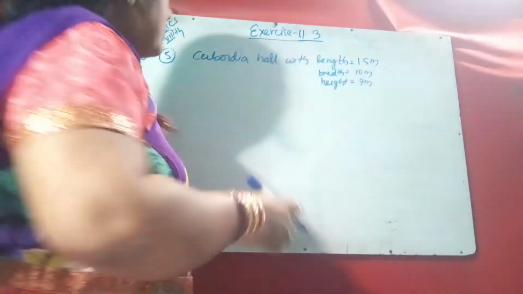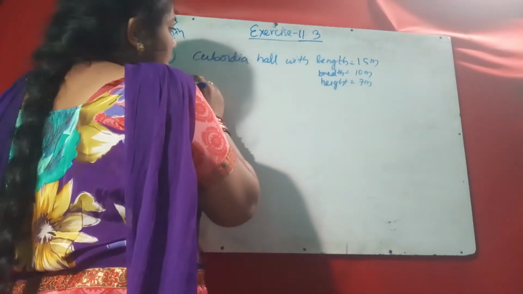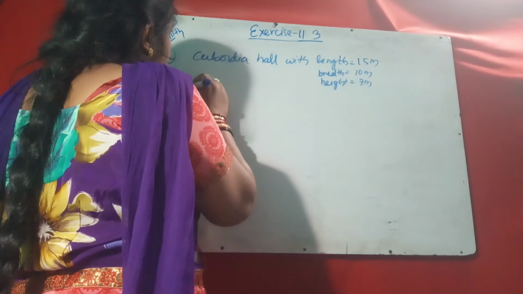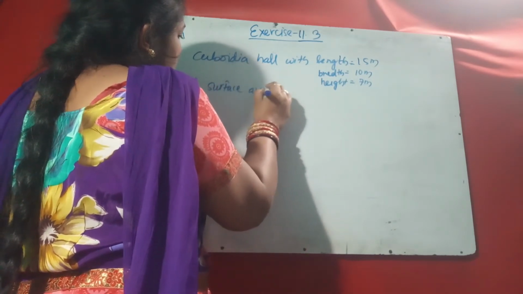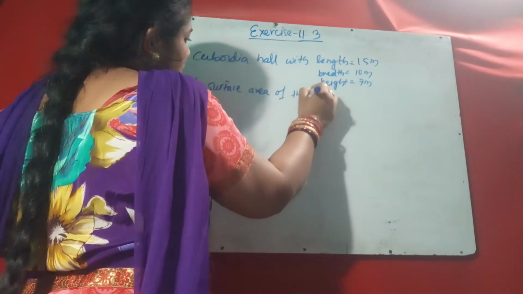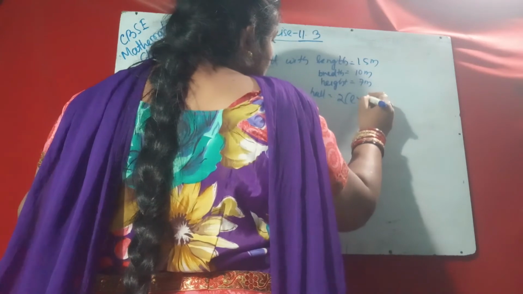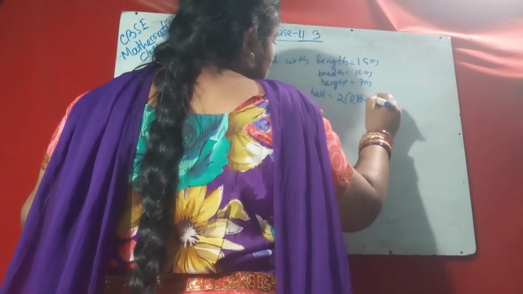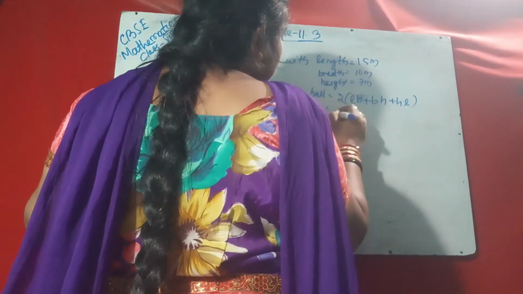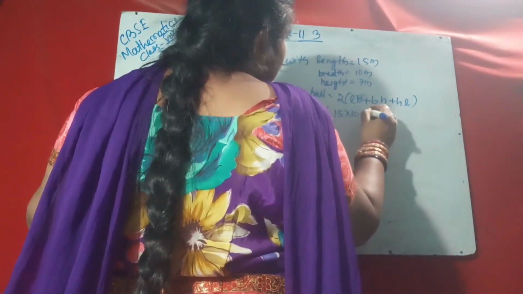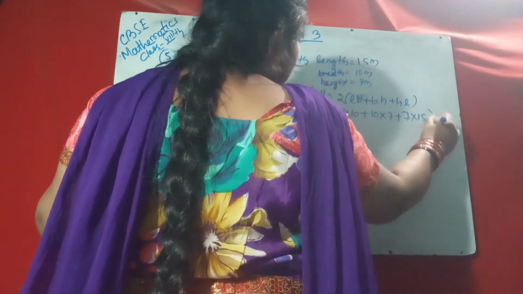So first formula, total surface area of the hall equals 2 into (length into breadth plus breadth into height plus height into length), that is 2 into (15 into 10 plus 10 into 7 plus 7 into 15).